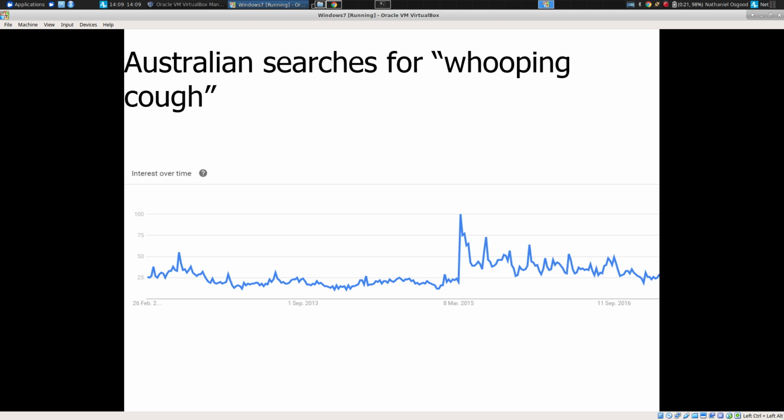This is for Australian searches for whooping cough, pertussis. It's actually whooping cough that is the term, though it refers, of course, to the underlying illness of pertussis. And what's interesting about this depiction for me is, of course, this apparent change of mode occurring about here.